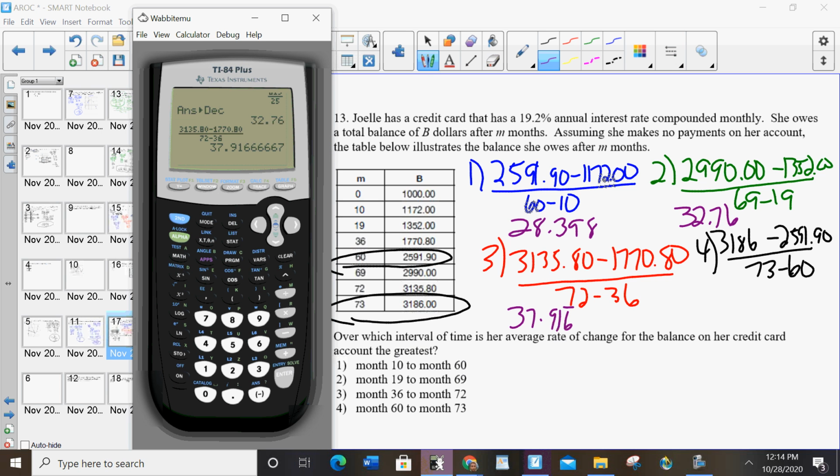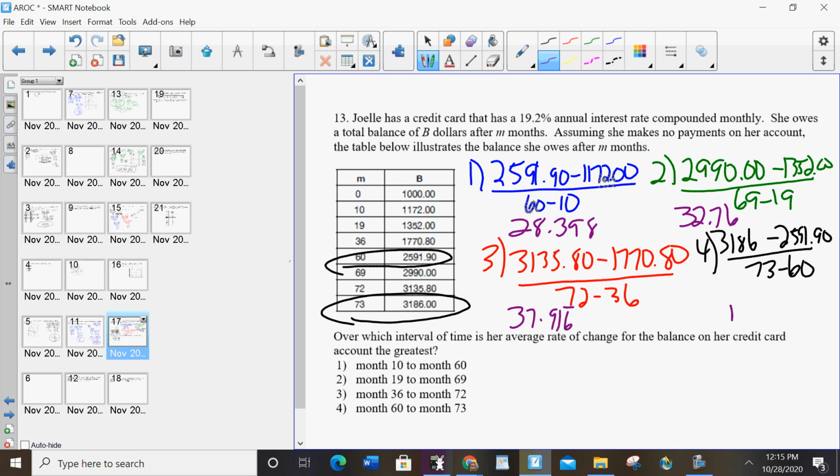And finally, choice 4, alpha y equals enter, 3186 minus 2591.90 over 73 minus 60, 45.7.